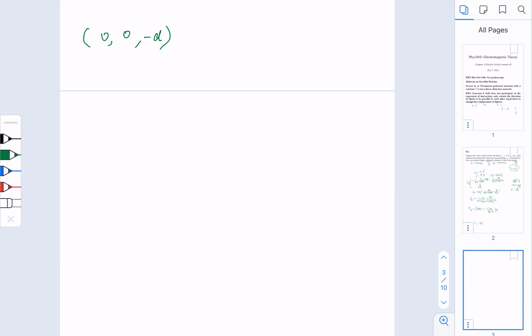So above the xy plane, that's our region of interest, and below this xy plane is also our region of interest. So it seems that we cannot place the image charge everywhere, right?